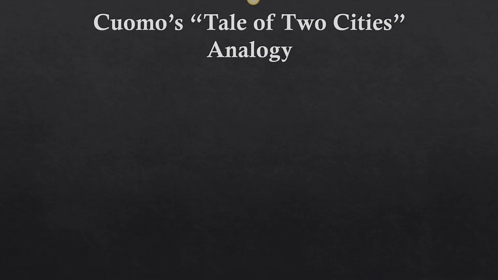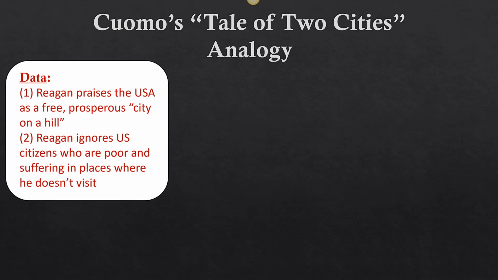Okay, so let's use a Toulmin diagram to break down what Cuomo's doing in this part of the address to see how it's working. First of all, we have data, and there's two primary pieces of evidence that he brings up. First of all, that Reagan praises the United States as a free and prosperous city upon a hill, and he's making specific reference to the Republican National Convention speech that Reagan gave just a little while previously when he accepted his nomination for re-election, and he made use of the metaphoric analogy in that speech.